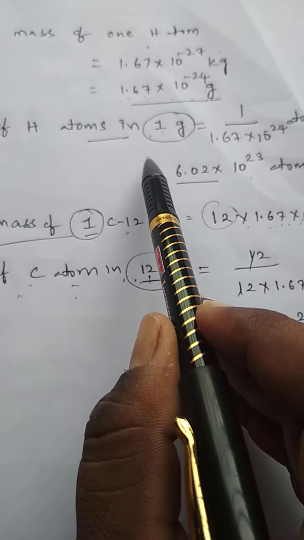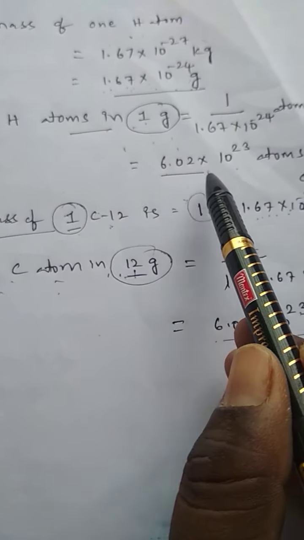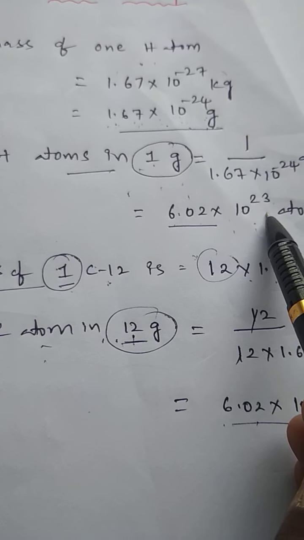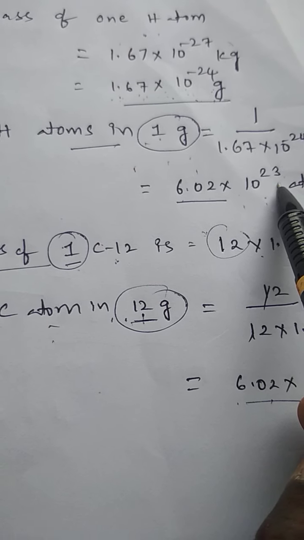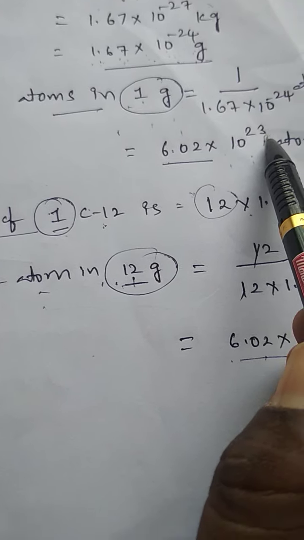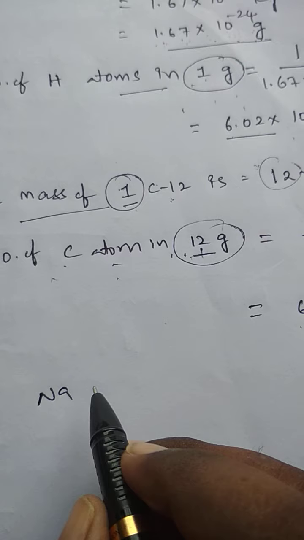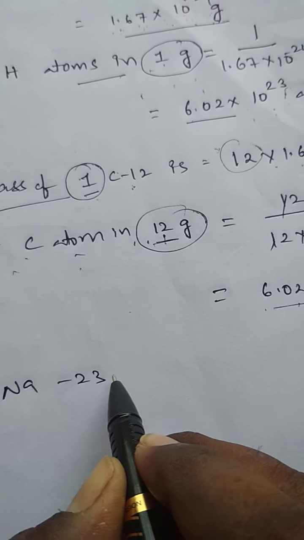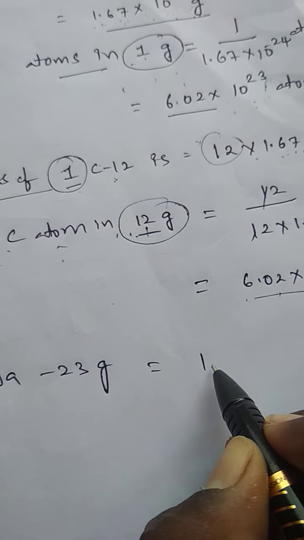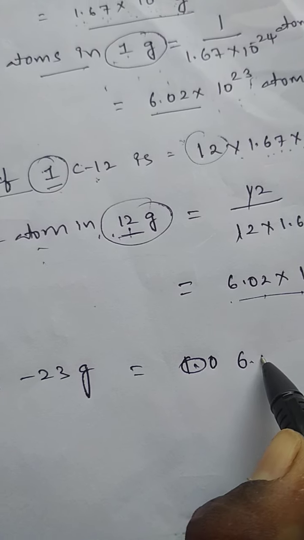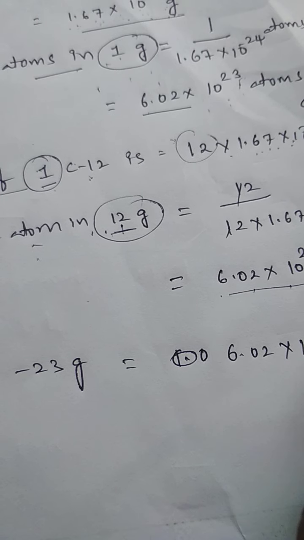Like that, the number of sodium atoms present in 23 grams is equal to 6.02 into 10 to the power of 23 atoms.